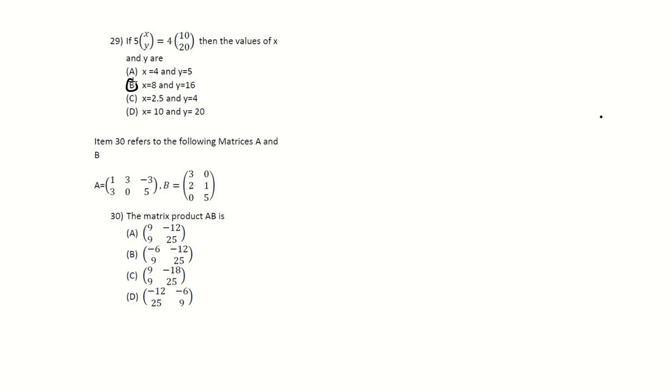We got X is 8 and Y was 16. This one, we got this one, and we said that the starting one was element 1 of the resultant matrix, the 2 by 2 matrix, element 1 was 9, so it was not this, and it was not this, and element row 1 by column 2 was 3 minus 15, which was negative 12.